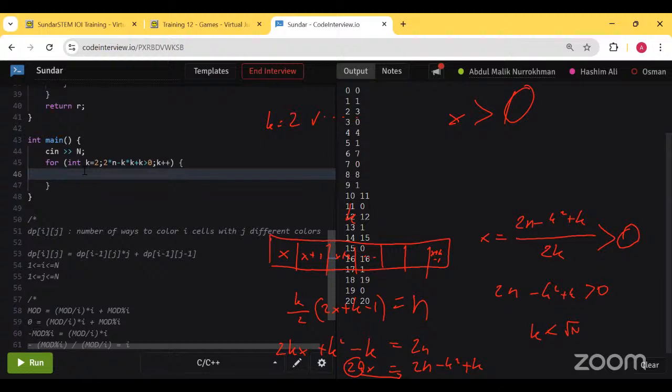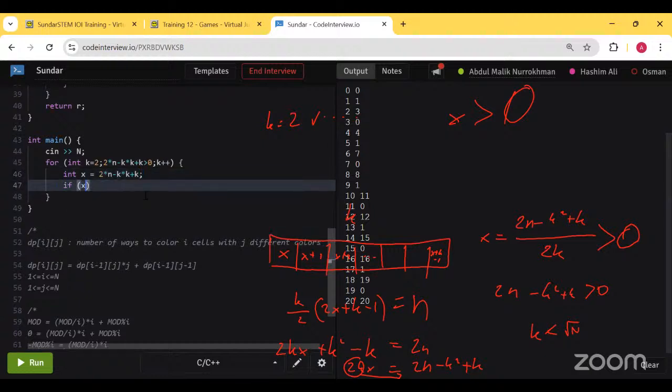After that, just check this value. If it's divisible by 2k, let's see if it is divisible by 2k.